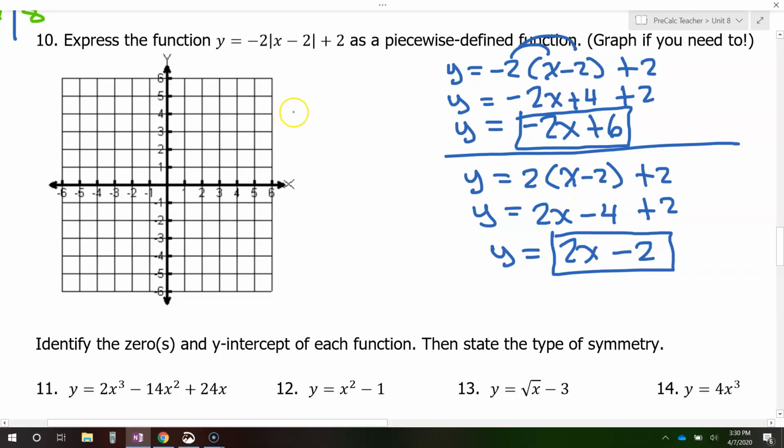All right, so in other words, if I want to write a piecewise function, it's going to look like this. f of x equals, now here comes my pieces. I'm going to have -2x plus 6, and I'm going to have +2x minus 2.